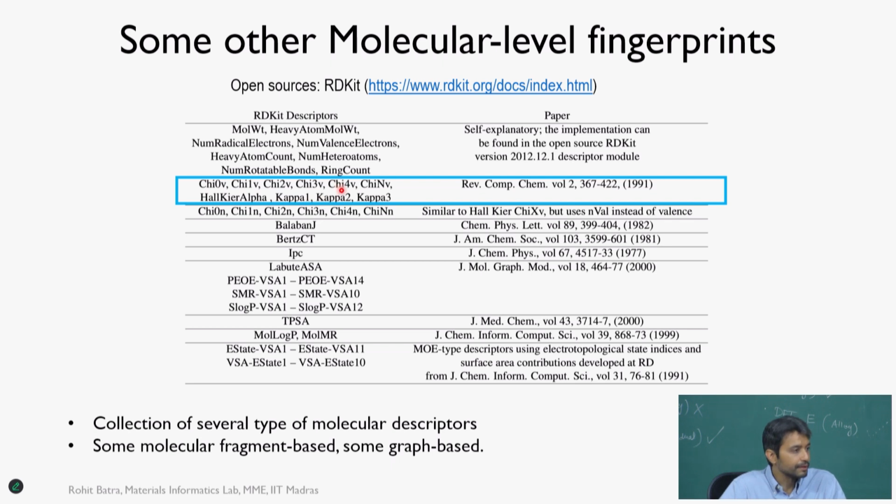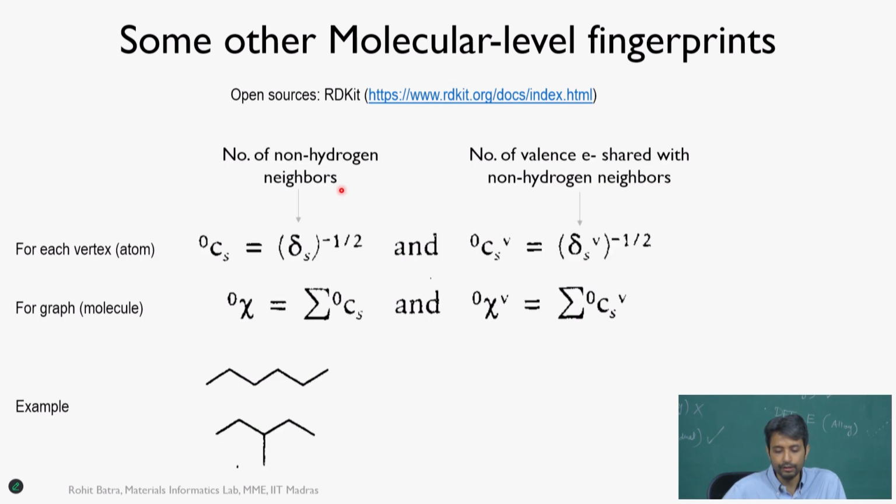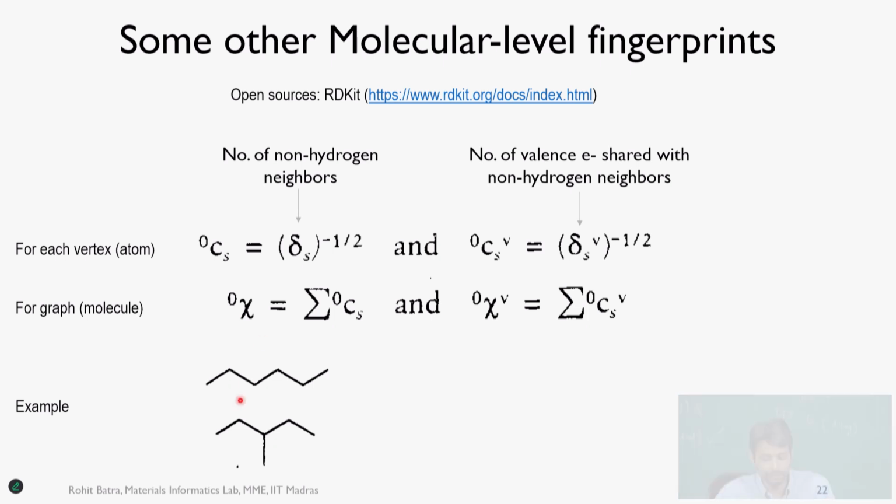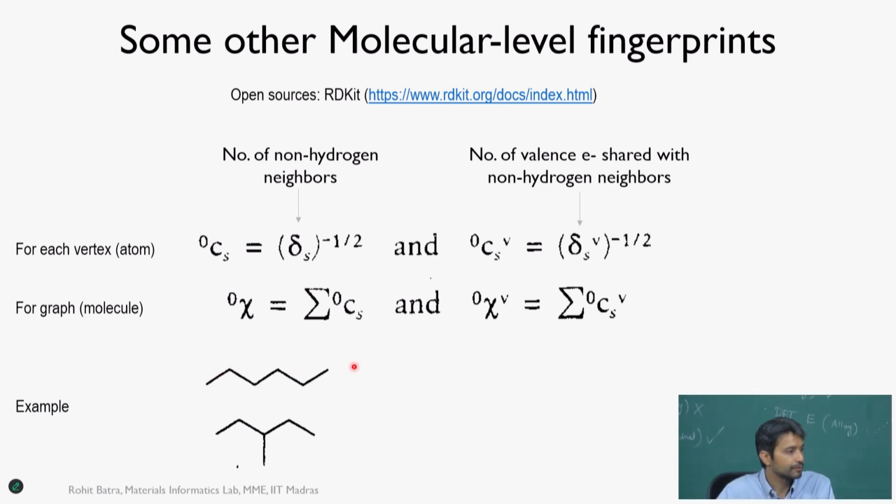In this work they precisely do that, and there are some equations here, but simply say this is your graph. Atoms here: this is my carbon atom, carbon atom, carbon, carbon, carbon. These atoms will be my nodes, and edges are basically the bonds between them.